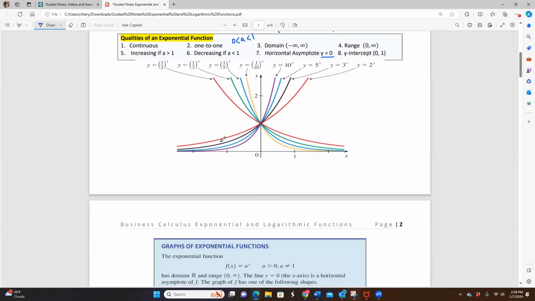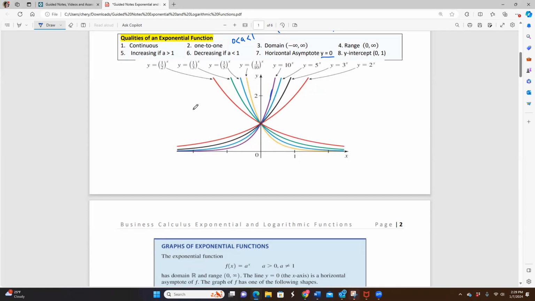Here we have a graph of a bunch of different examples. Here's 1/2 to the x as we just graphed it. 1/3 is in green, 1/5 is in blue, and 1/10 is in yellow. 10 to the x is in purple, 5 to the x is in blue, 3 to the x is in black, and 2 to the x is in red.